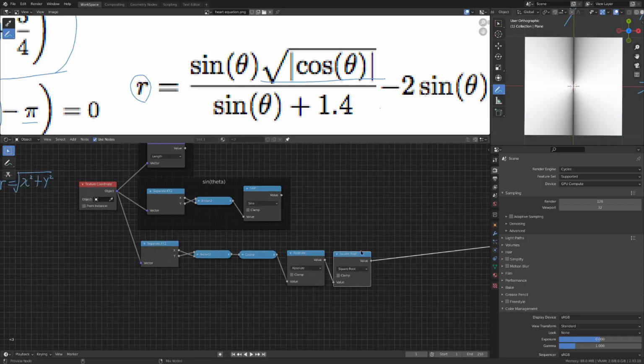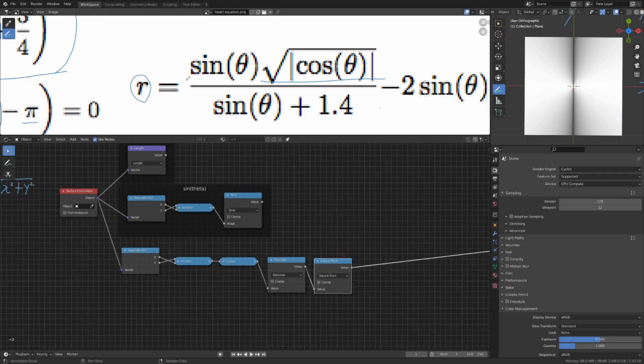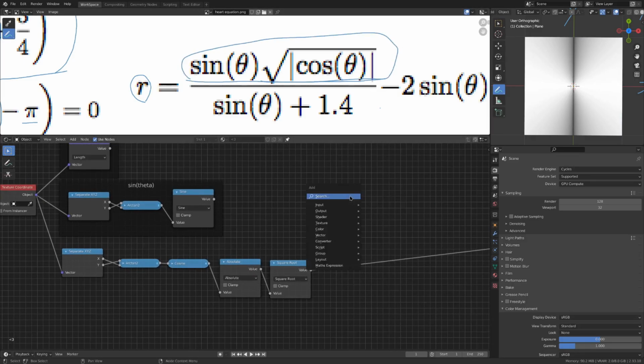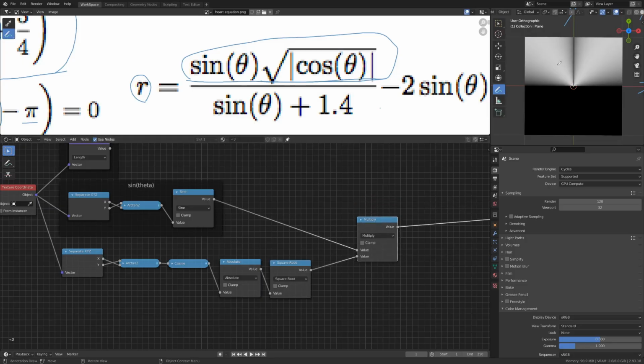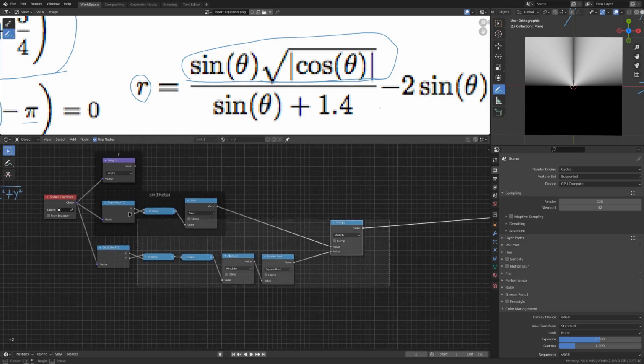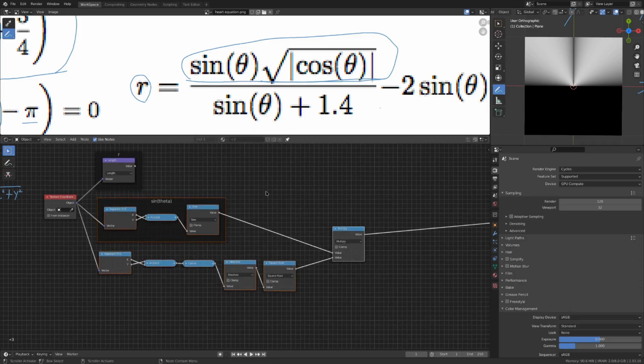And yeah, we just made this interesting looking thing here, and we are going to multiply these two things with each other. So with Math Multiply, let's see how it goes. We got this interesting looking thing here. Beautiful.